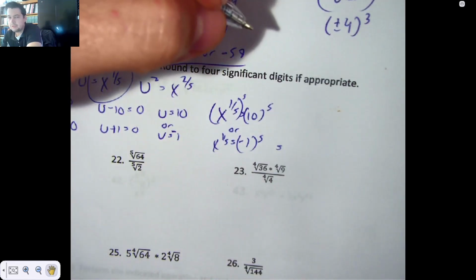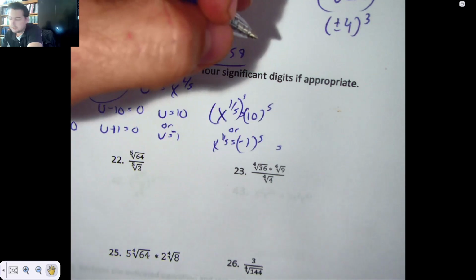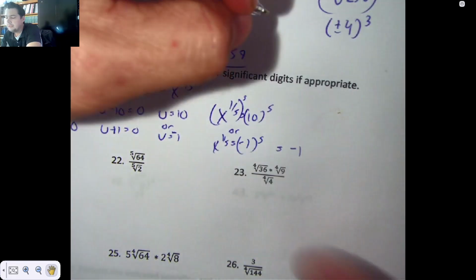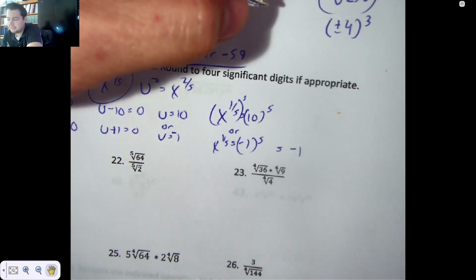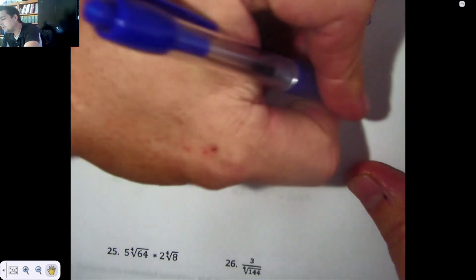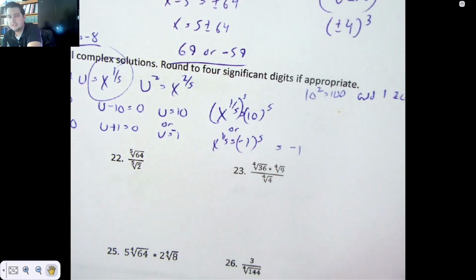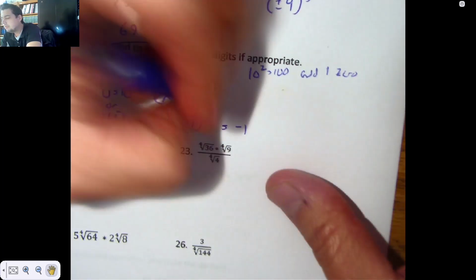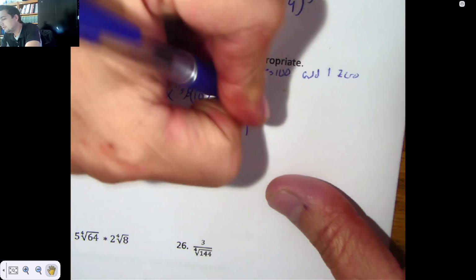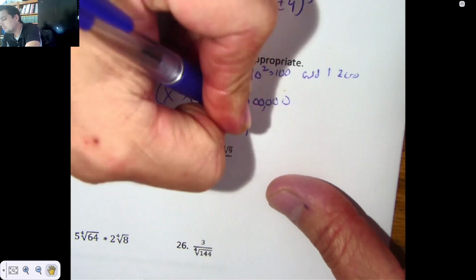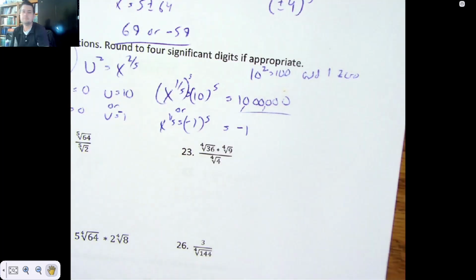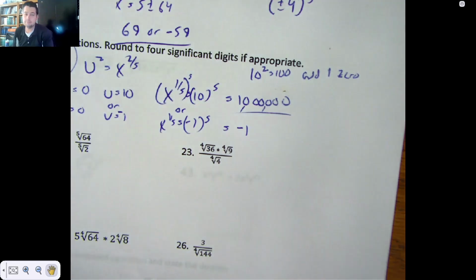Negative 1 times negative 1 times negative 1 times negative 1 times negative 1 is still negative 1. The top is a little harder, but not really. If you do 10 squared, you get 100, which means you add 2 zeros. So to do 10 to the 5th, you just add 5 zeros, nothing more. 1, 2, 3, 4, 5. Get a million. A million or negative 1 is your answer.